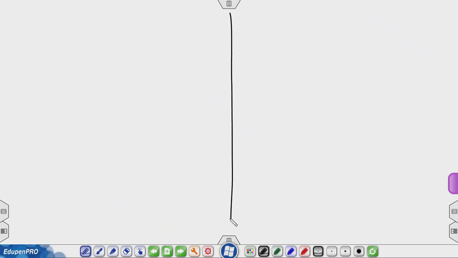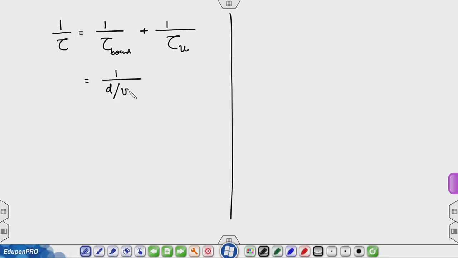So, now I have two mechanisms, and 1 over tau is going to be 1 over tau boundary plus 1 over tau Umklapp. 1 over tau boundary is nothing but 1 over the size of the sample divided by V sound, or some V, plus 1 over tau u is going to be some time t 0 times sigma u inverse.